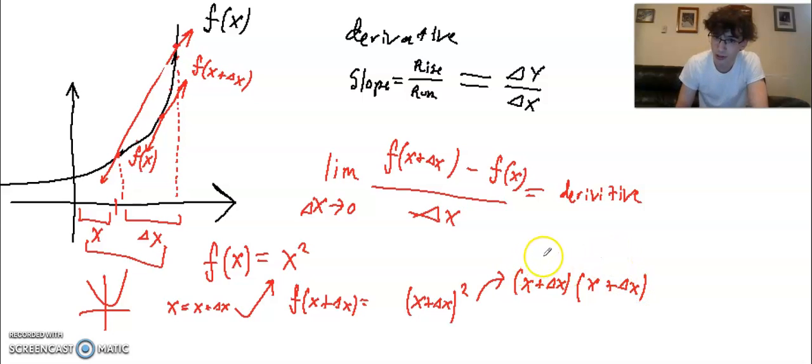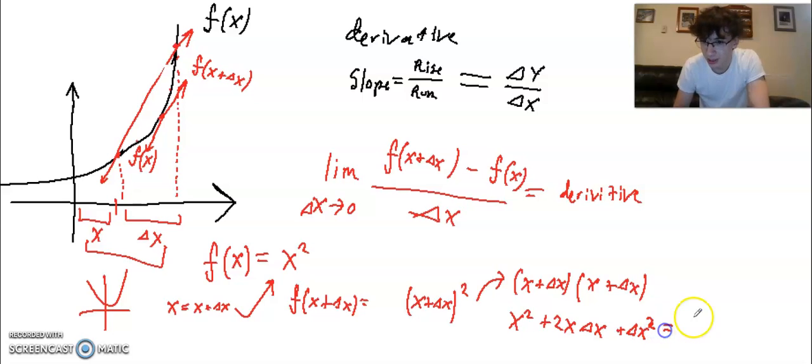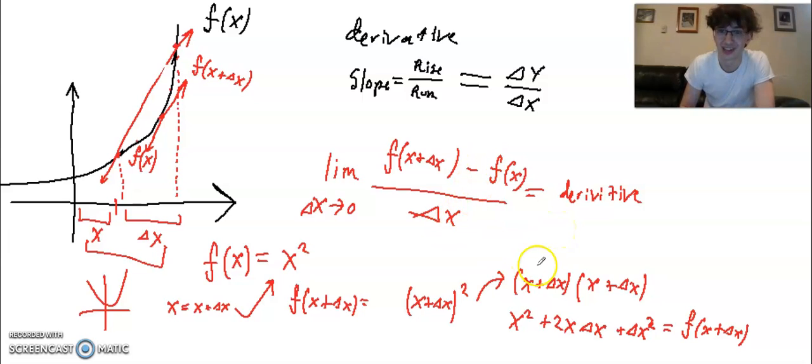And we're going to FOIL. So like first, outside, inside, last. So we get x squared plus 2x delta x plus delta x squared. And this equals f of x plus delta x. Hopefully that made sense. It got a little messy towards the end.